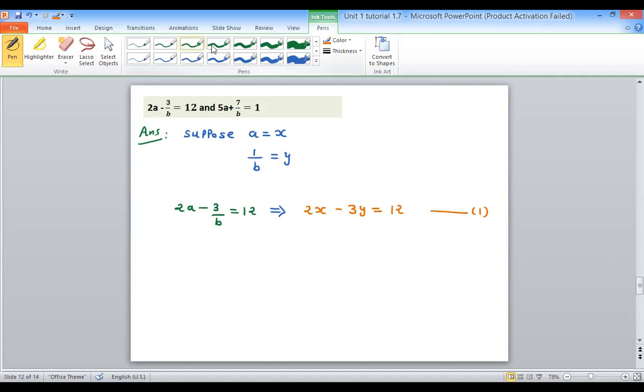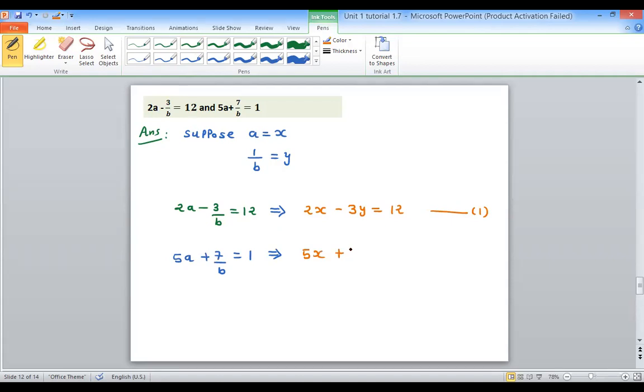Now same procedure I do in the equation number 2. Equation 2 is 5a plus 7 by b is equal to 1. Just change and apply our supposition rules. When you have a, put a is equal to x. So it is 5x plus 7y.